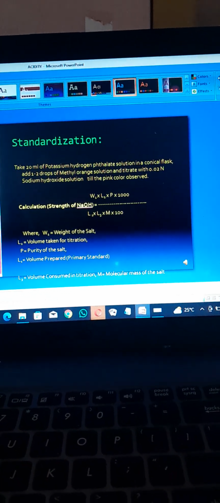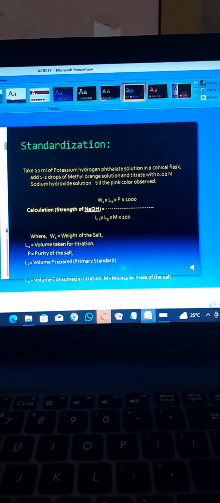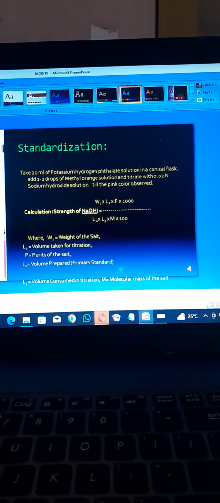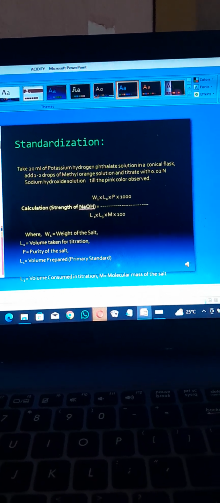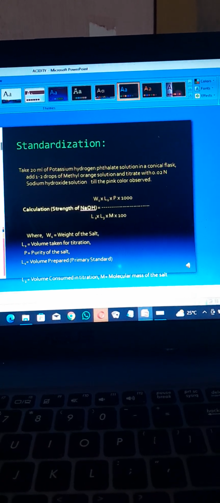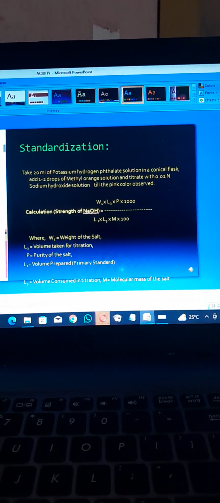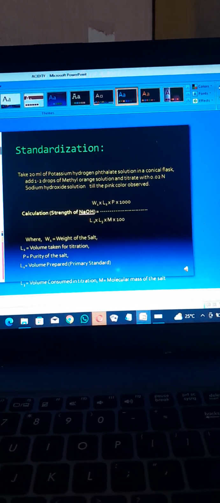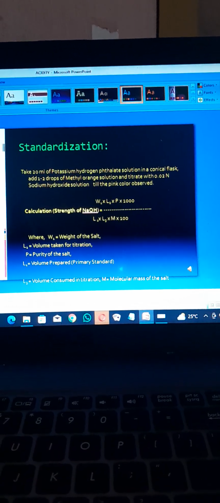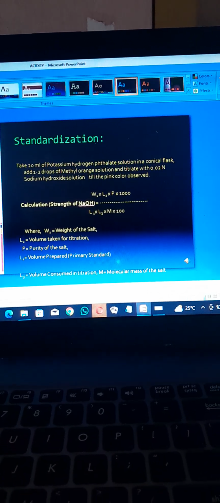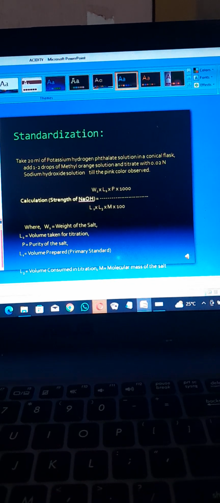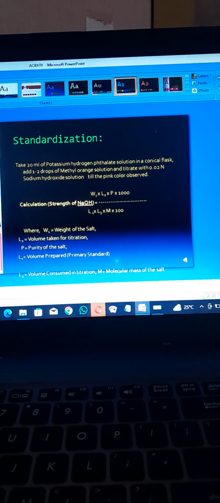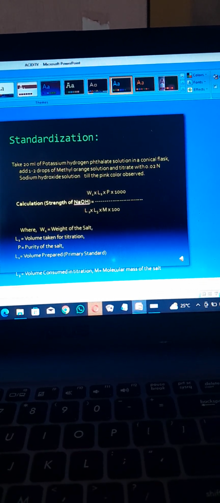Then for the standardization, to determine whether our sodium hydroxide is exactly 0.02 N or not, we have to take 20 ml of potassium hydrogen phthalate solution in a conical flask, add 1 to 2 drops of methyl orange solution and titrate it with 0.02 N sodium hydroxide solution till the pink color is observed, and we calculate accordingly with this formula, where W1 is the weight of the salt, L2 is the volume taken for titration, P is the purity of salt, L1 is the volume prepared for primary standard, and L1 is the volume consumed.